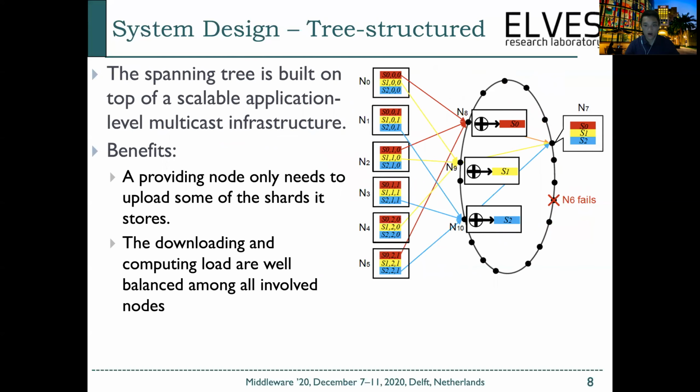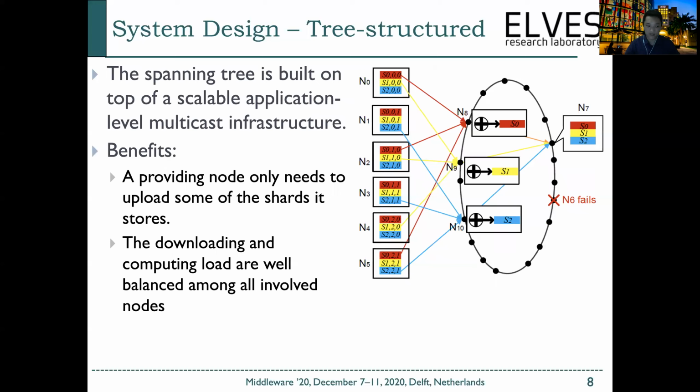The third one we call the tree structure. It has a spanning tree that is built on top of the scalable application multicast infrastructure, and this multicast is one of the functional properties of the DHT overlay network.